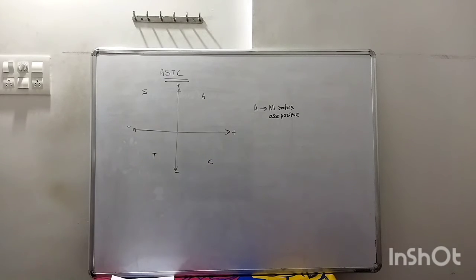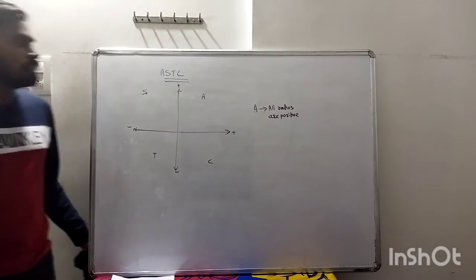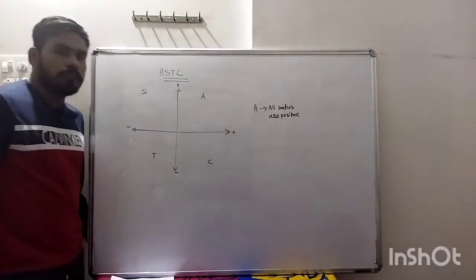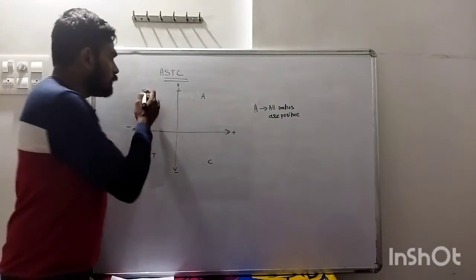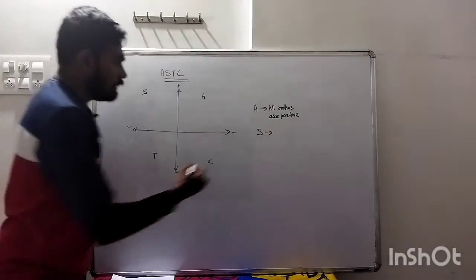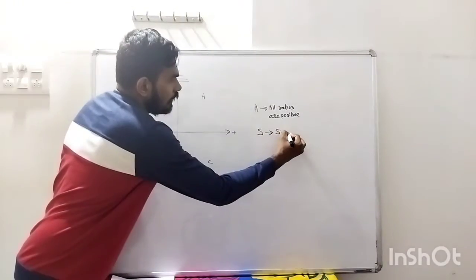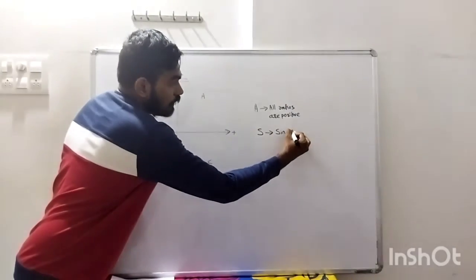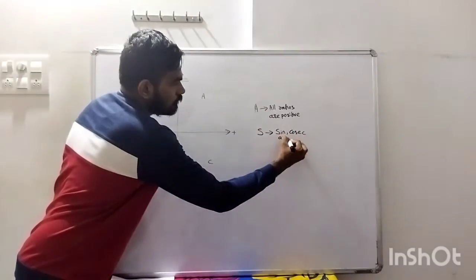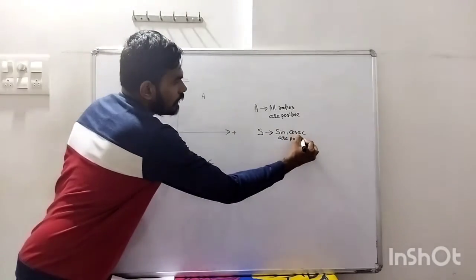In the first quadrant, all trigonometric ratios are positive. Means whatever you take, 30 degree, 45 degree, 60 degree, you get the answer positive only. In the second quadrant, see, from letter S, what do you remember? Sine. So sine and the reciprocal of sine, which is cosec, are positive. Remaining all are negative.